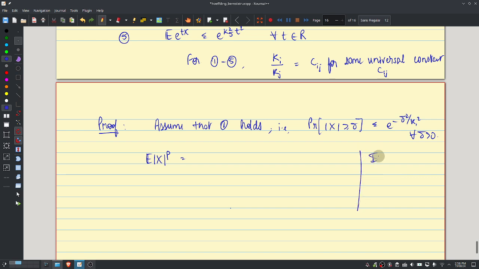So if y is a non-negative random variable, then the expected value of y is equal to the integral from 0 to infinity of the probability that y is greater than or equal to, let's say, v.